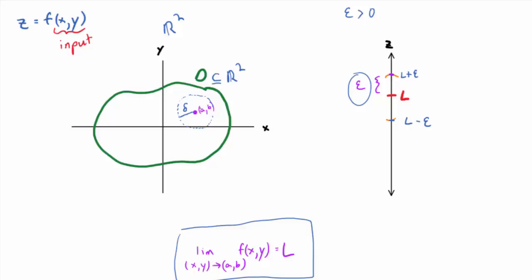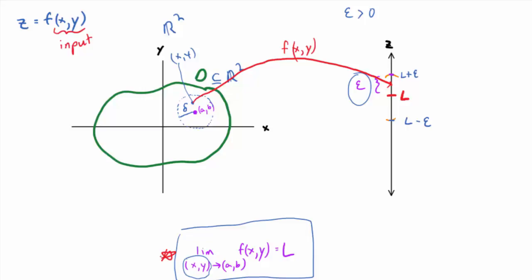I can find a delta such that as long as I pick a point (x, y) within delta units of (a, b), the thing that (x, y) is approaching in the limit notation, as long as I pick an (x, y) inside that little disk that has center (a, b), then f of (x, y) will be inside that epsilon interval. That's what has to occur if the limit of f of (x, y) as (x, y) approaches (a, b) equals L.